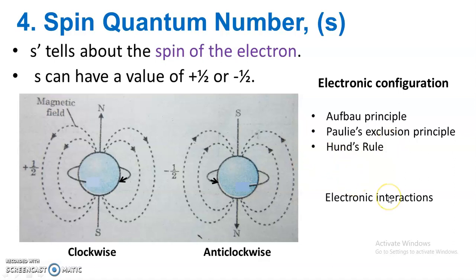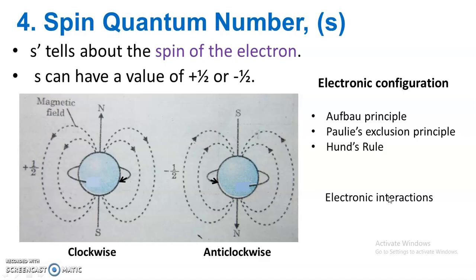If suppose in an s orbital there are two electrons, when this s orbital is completely filled, then between the two electrons there is a possibility of inter-electronic interaction, especially repulsion, and this repulsive force is not considered while writing electronic configuration.